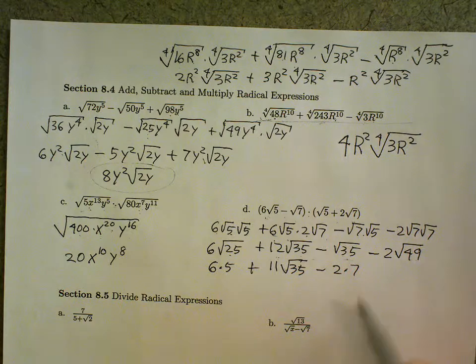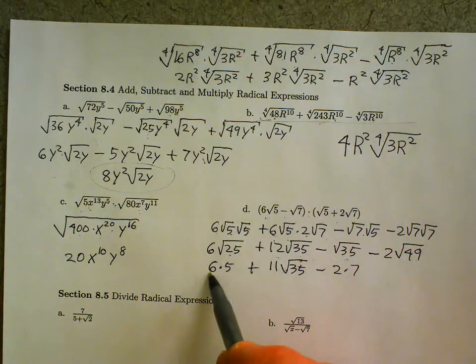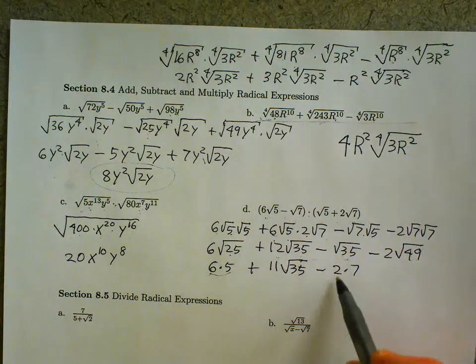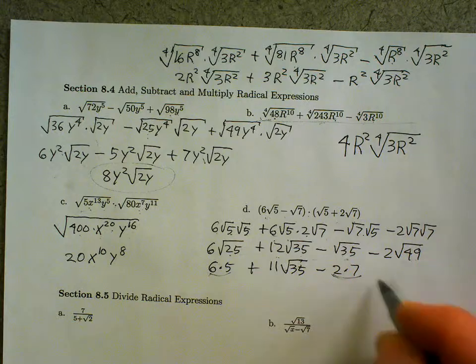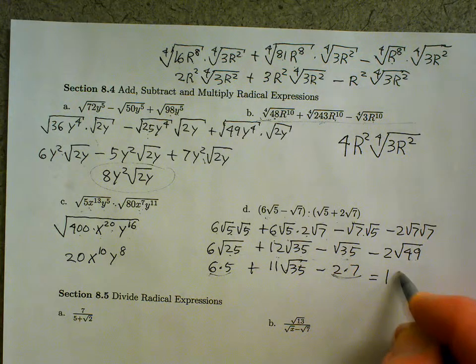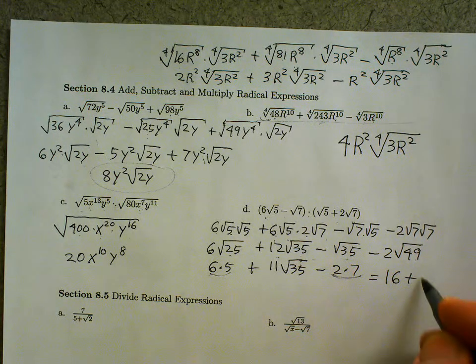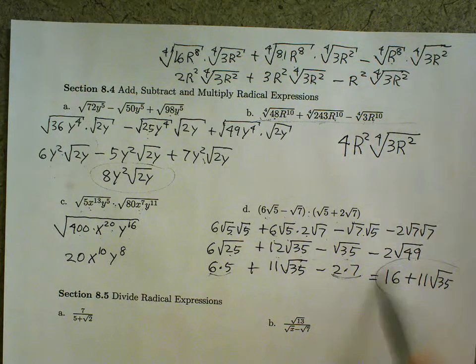So we can simplify further. 6 times 5 is 30. Then we're going to subtract 14 from it. 30 minus 14 is 16. So our simplified answer is 16 plus 11 times the square root of 35. So that cannot be simplified any further.